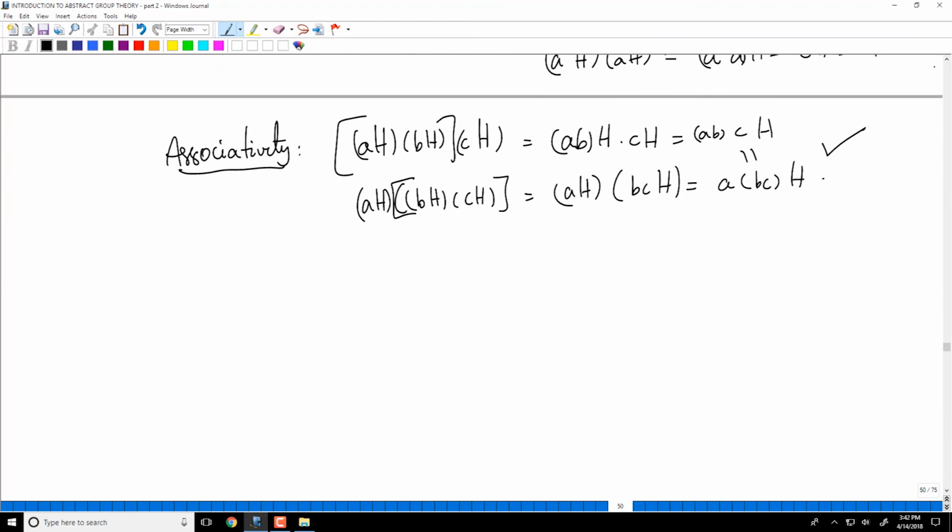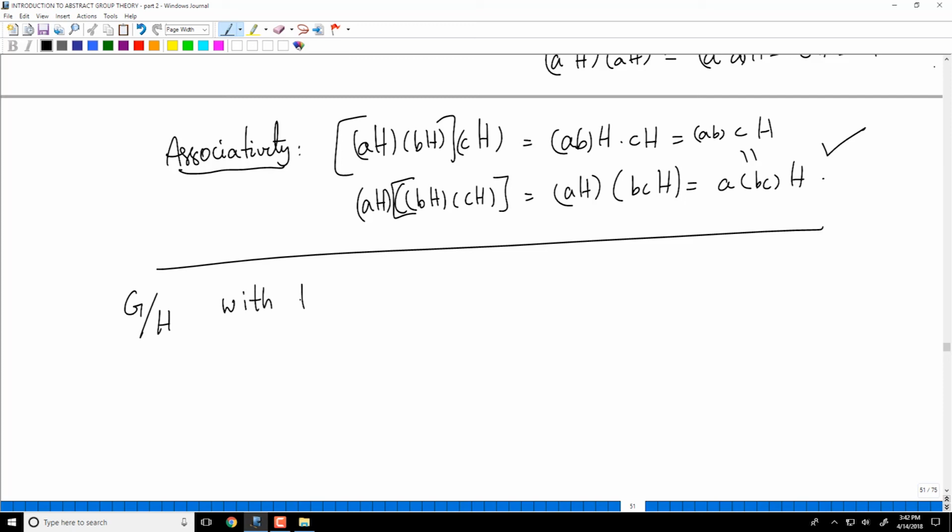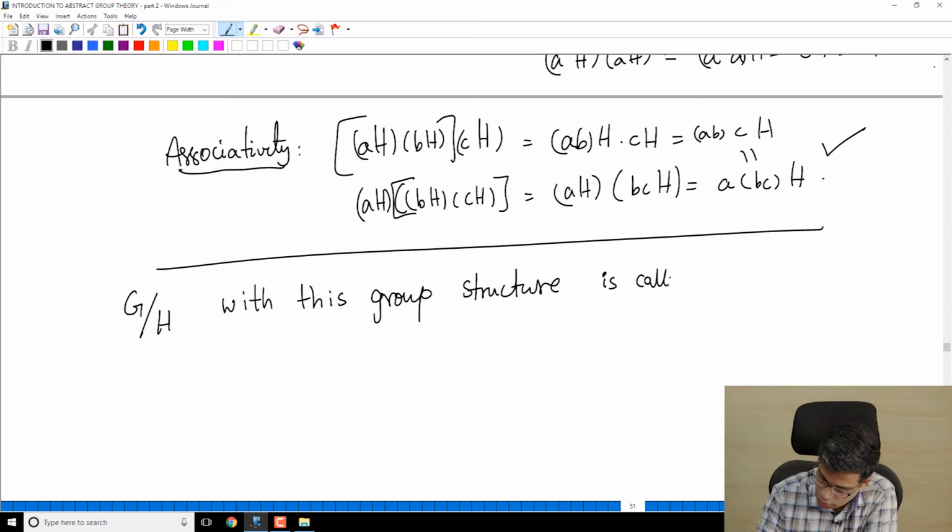Okay, so this is the quotient group that we wanted to discuss in this video. G mod H with this group structure is called the quotient group.